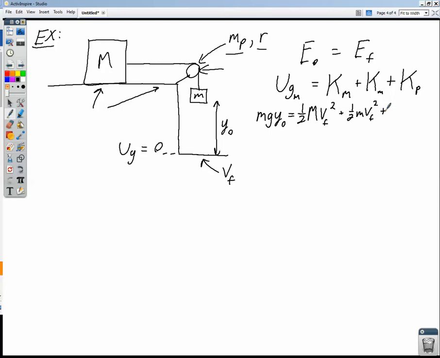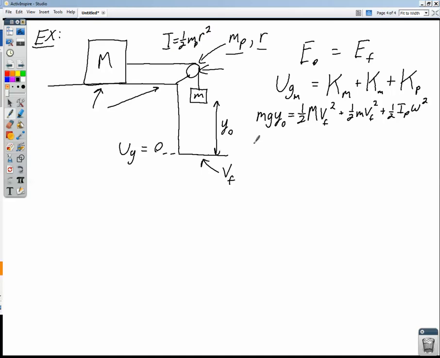And the kinetic energy of the pulley is going to be 1/2 the I for the pulley times omega squared. And I for the pulley, let's go ahead and say that this is a solid disk. So I then is going to be 1/2 m r squared, that would be the mass of the pulley times the radius of the pulley squared.